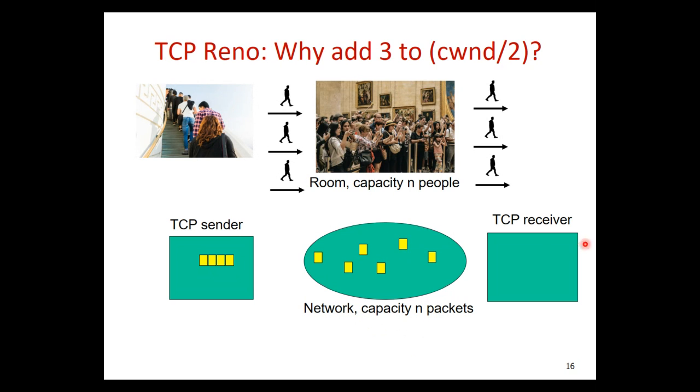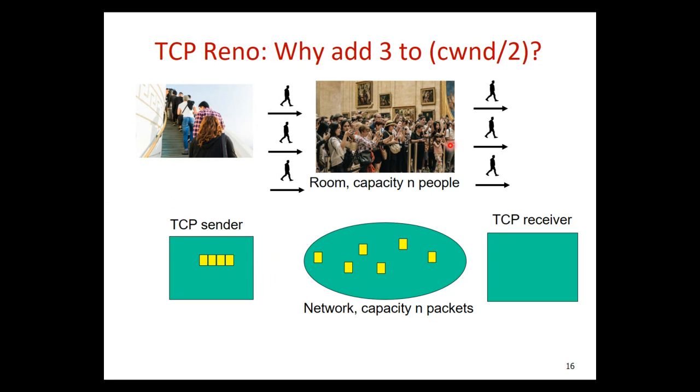Okay, now I have a TCP sender sending packets into the network, and the TCP sender maintains a window, right? The window determines the rate at which it can send packets into the network.